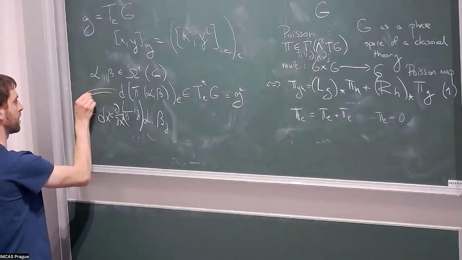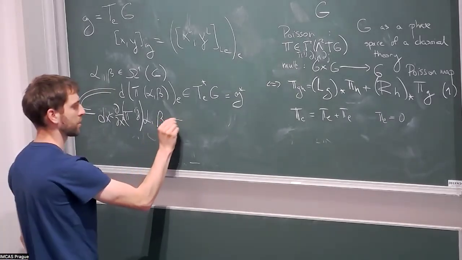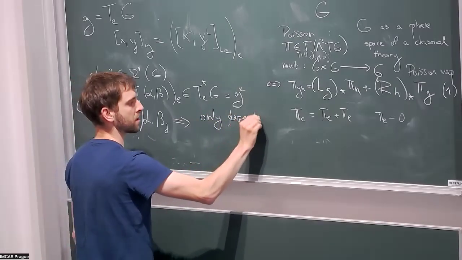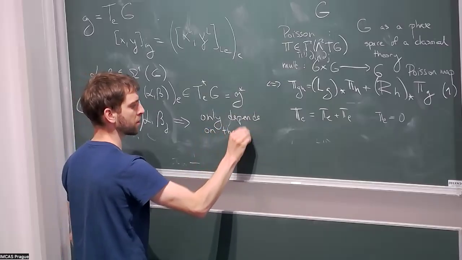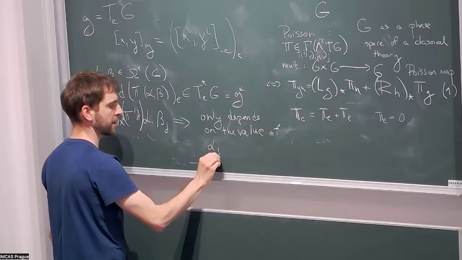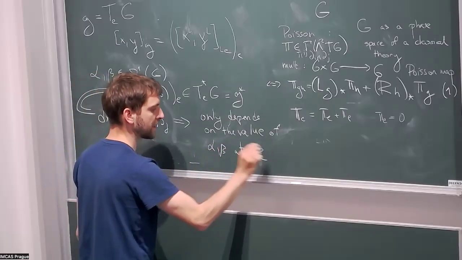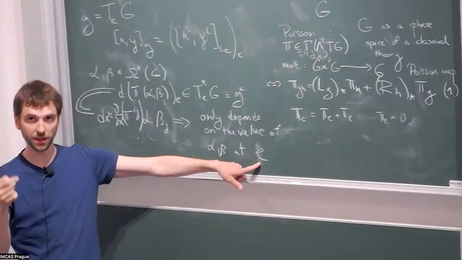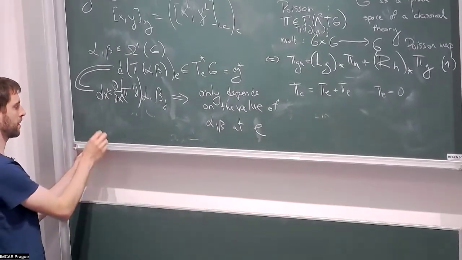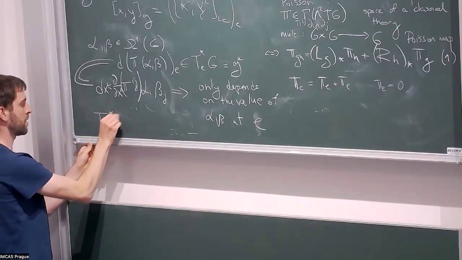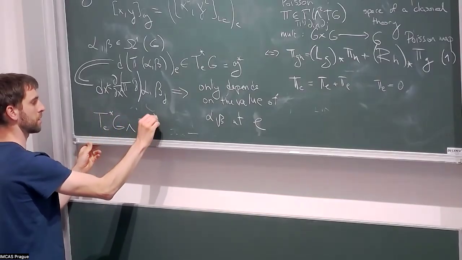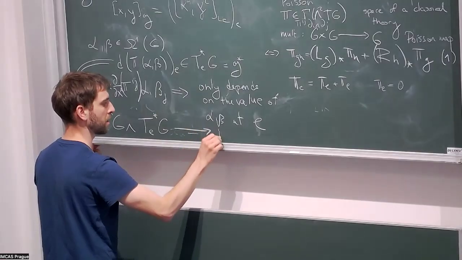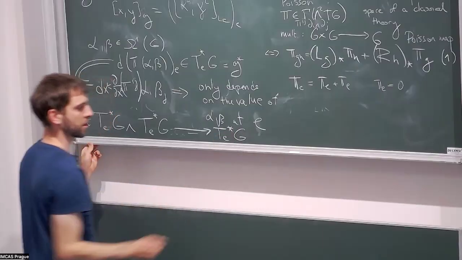What we see is that this only depends on the value of alpha and beta at the identity. So these are one-forms, but this really depends on the elements in T*_e G. So we get a map from T*_e G wedge T*_e G to T*_e G.